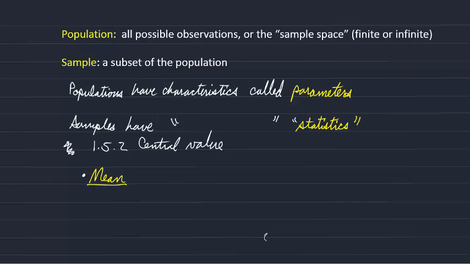The mean of a sample, which we'll denote as X with a bar over it, X bar, is just the arithmetic mean of the sample. So we sum all the values of the sample and then divide by the number in the sample. So this is the sample mean.